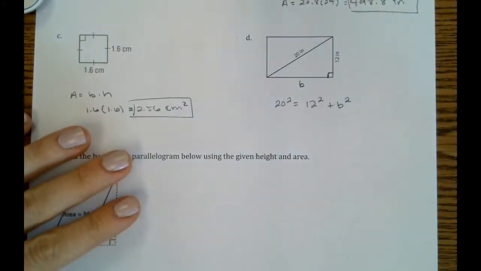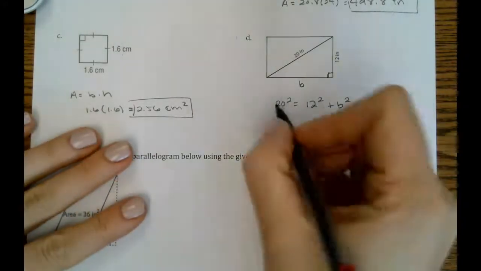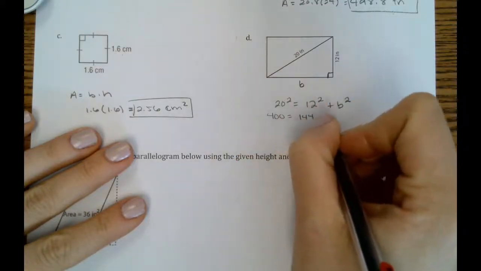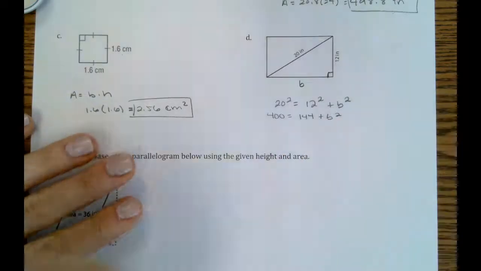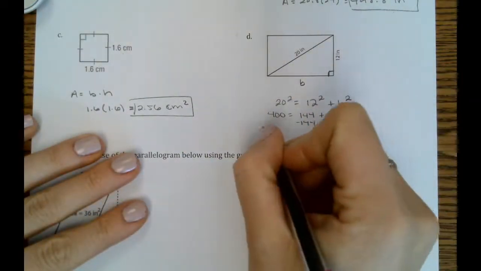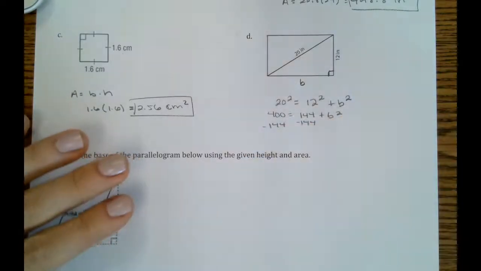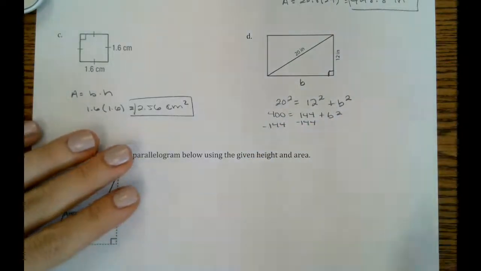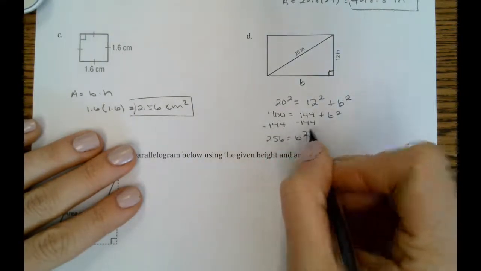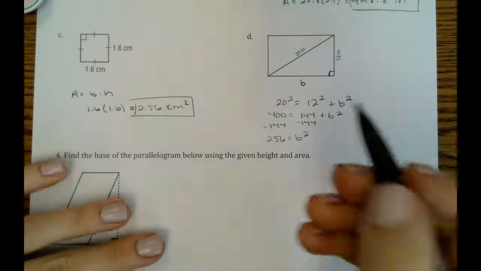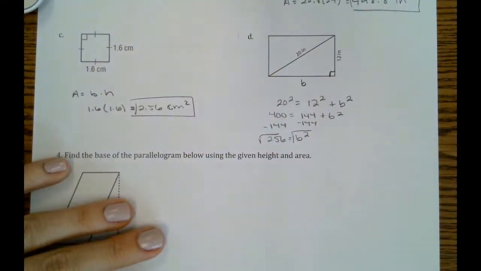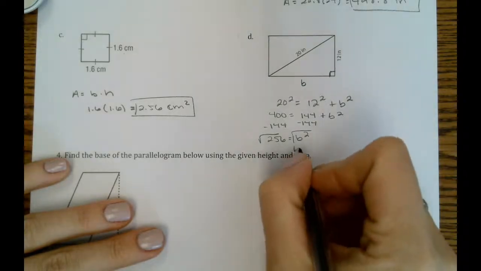So 20 squared is 400. 12 squared is 144. We'll subtract 144 from both sides. So we end up with 256 equals b squared, and then we'll take the square root, which is 16.